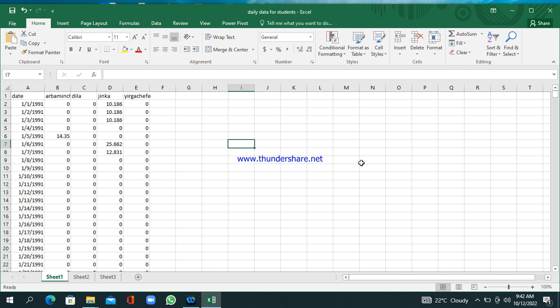Wind means a horizontal motion of air from high pressure to low pressure. If there is a pressure difference, there is motion of air, that is wind. This is the general circulation. Wind movement is general circulation.